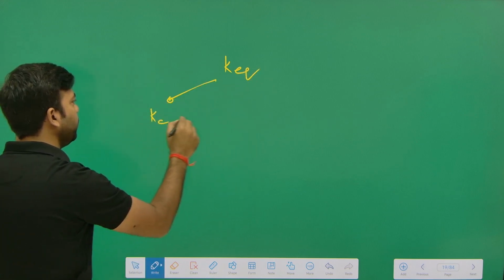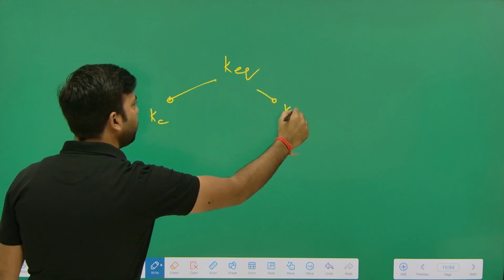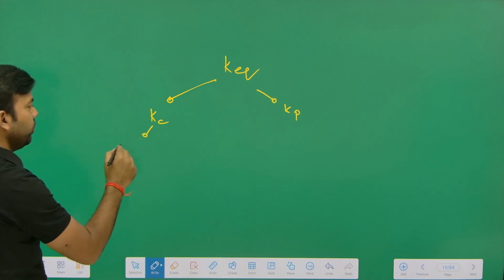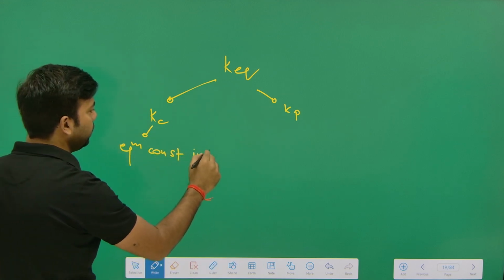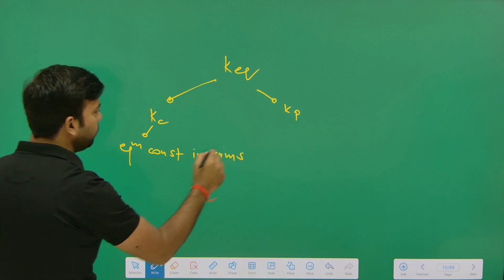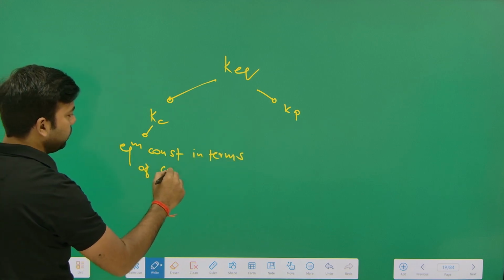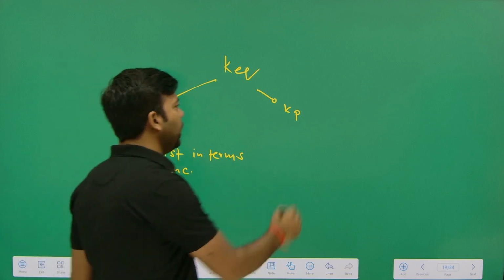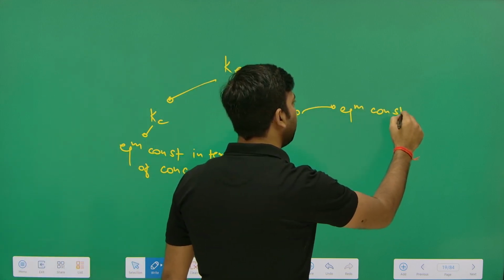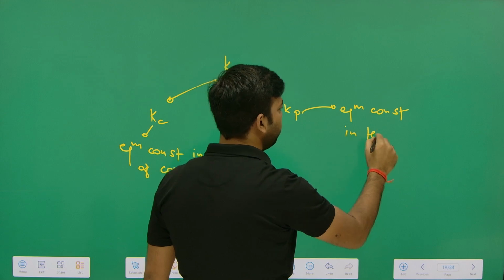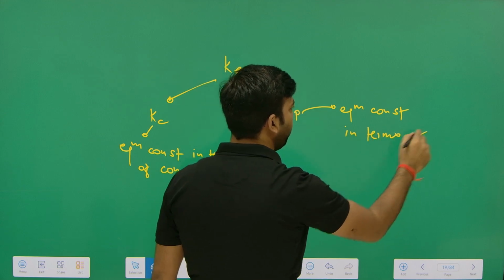Kc is called equilibrium constant in terms of concentration. And Kp is called equilibrium constant in terms of partial pressure.